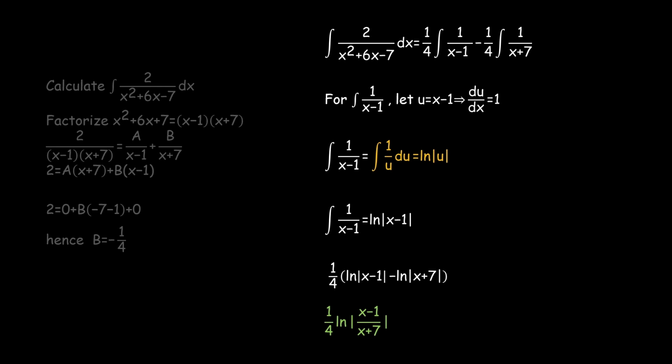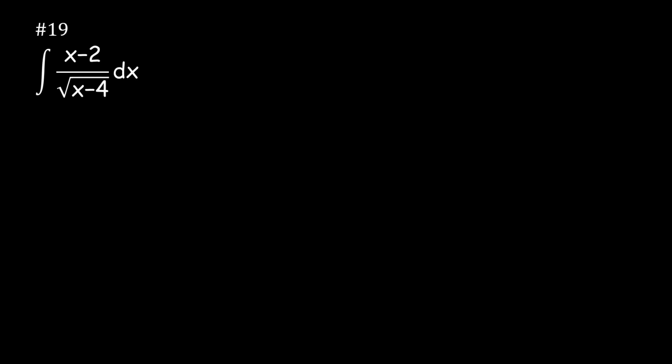Question number 19. We have the integral of (x minus 2) over the square root of (x minus 4). So we're going to let u be equal to x minus 4, so that du by dx would just be 1, and hence du is equal to dx.